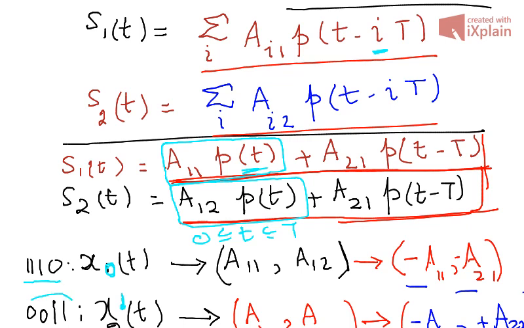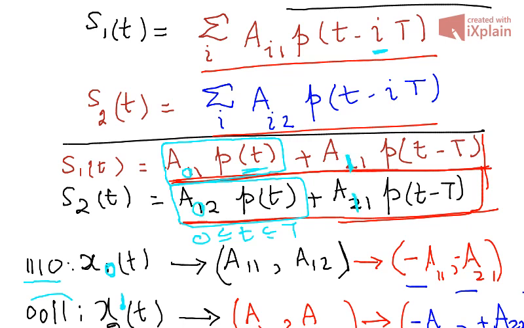So the first is x naught of t. When you say x naught of t, you will have i naught for the first one. You will have S1 and S2, and the first symbol is this one, naught.